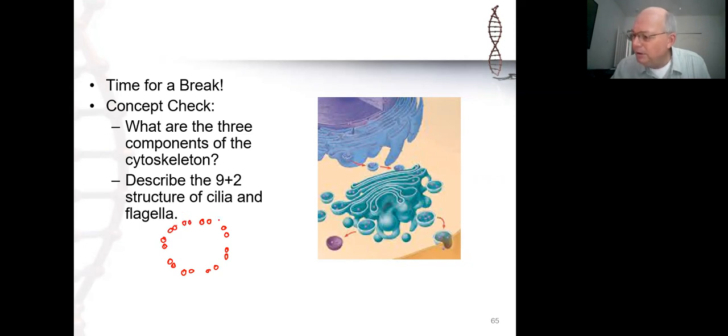So there's the 9 pairs, and those are connected by the dynein arms. And then in the center, you have a pair of microtubules that are connected out to these by the spoke proteins. And that's a common cross-section through both the cilia and the flagella. They have that same shared cross-sectional structure.